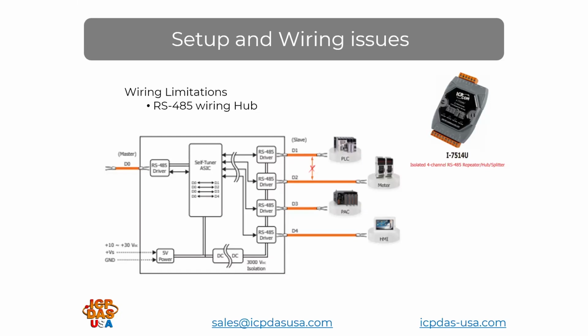So each slave device will still have to have its own unique slave address, but the signal will be broadcast from the master port to all 4 slave ports, and only the device which the command is directed to will respond, and that transmission will be broadcast back to the master device through the D0 port.